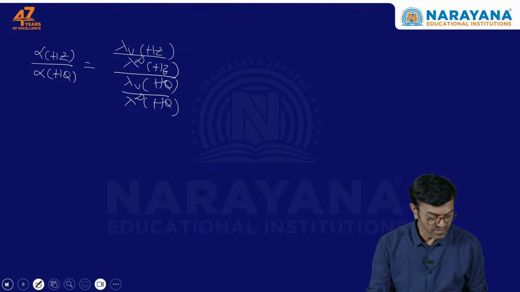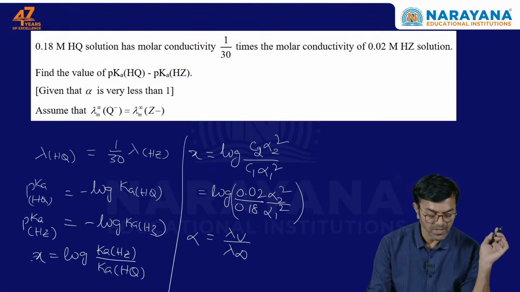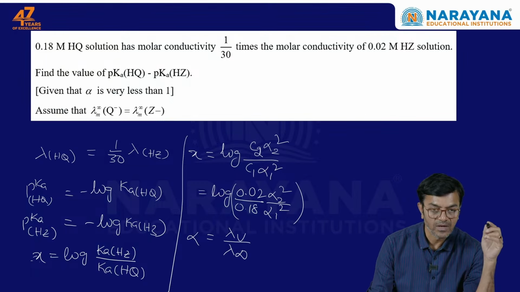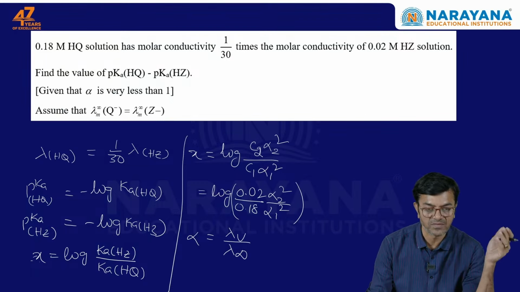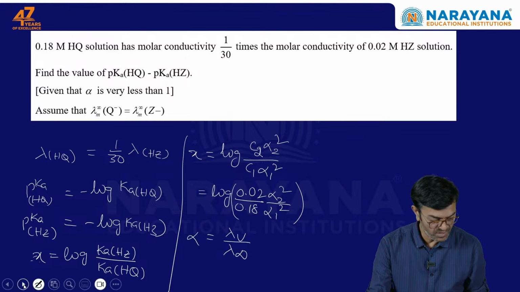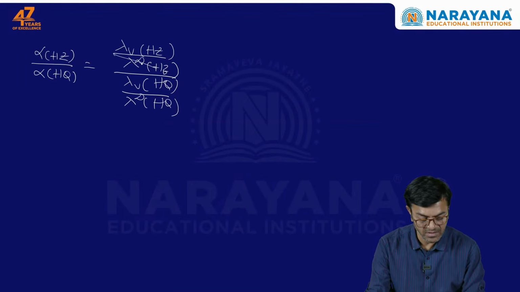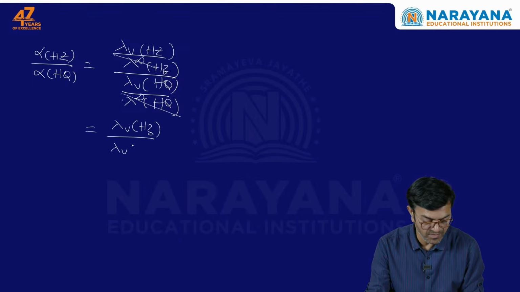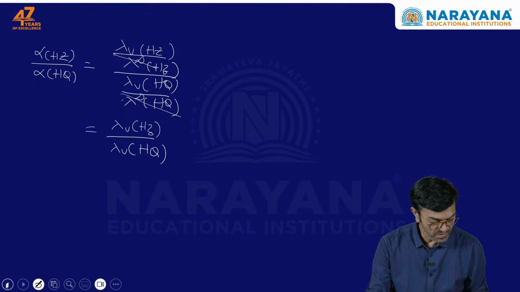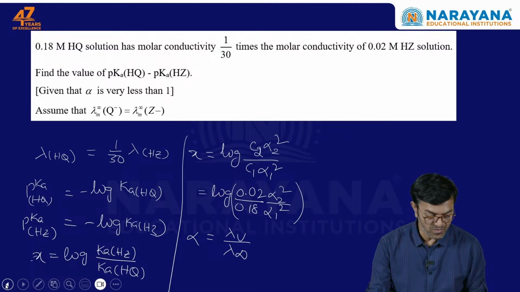In the question, he also mentioned that lambda m at infinite dilution of Q minus is same as that of Z minus. When you use that, these two terms get cancelled. So we will have lambda m HZ by lambda m HQ. Lambda m of HQ is 1 by 30 times, so HZ is 30 times of HQ.